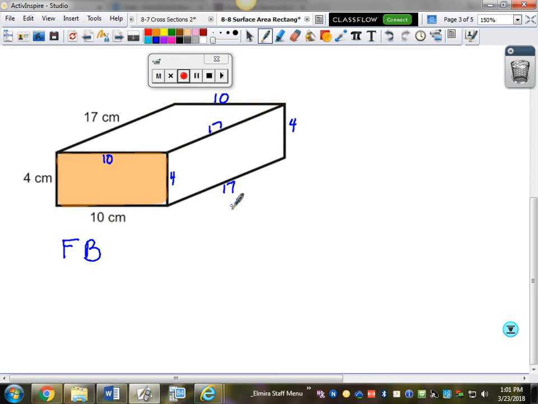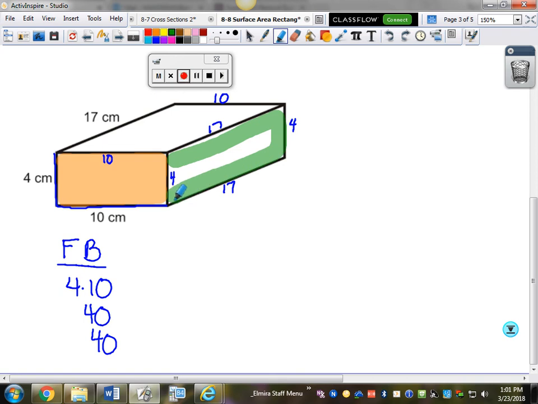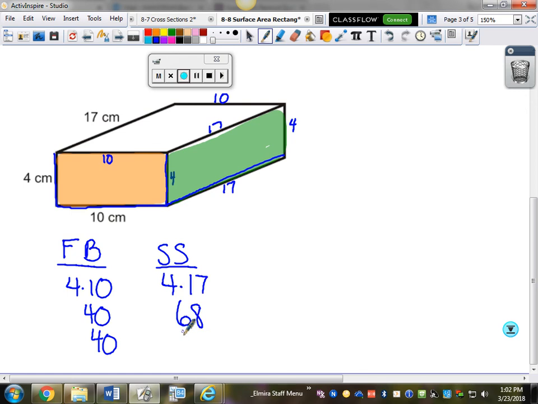They're all labeled. My front and my back is 4 by 10, which is 40, and there's two of them. My right side and left side is 4 by 17, which is 68, and there's two of them, so we write two of them.